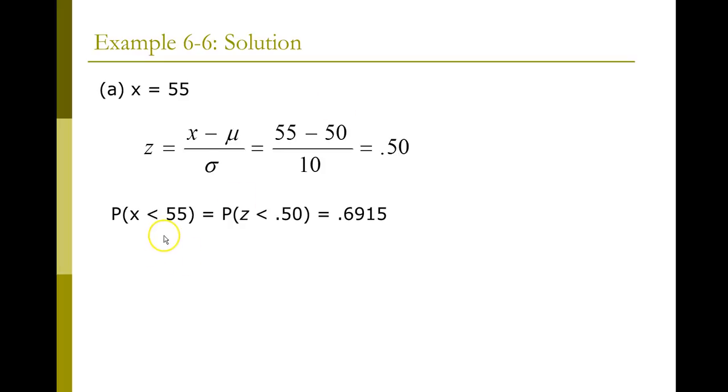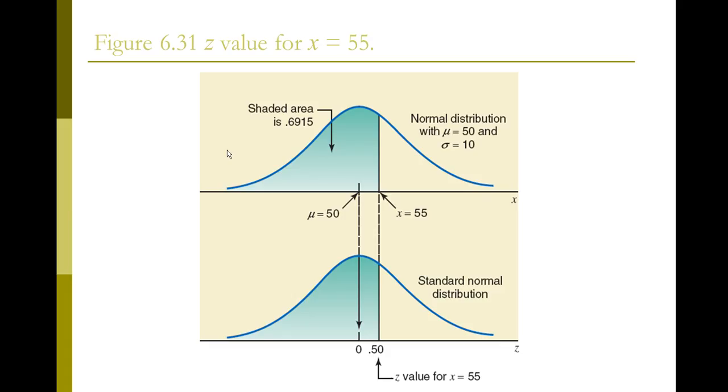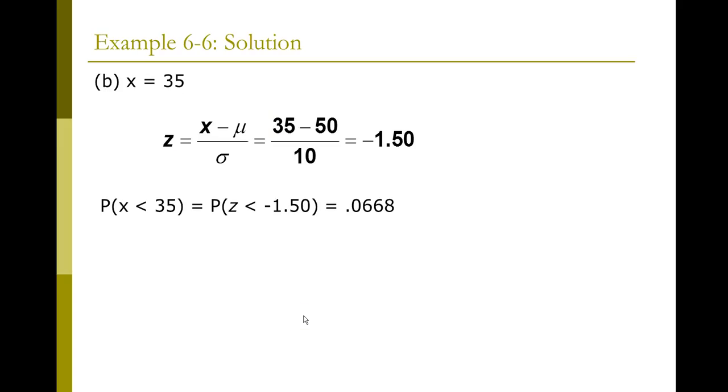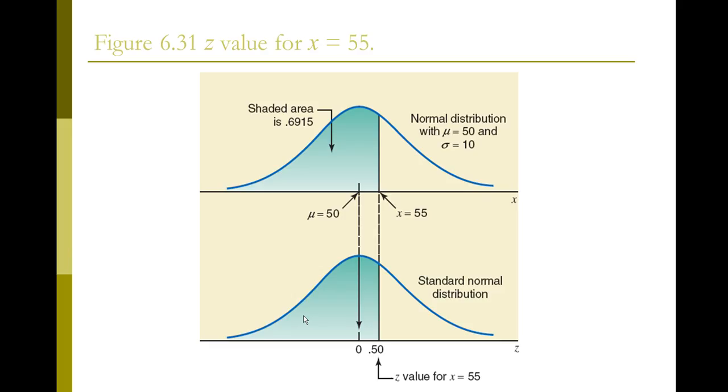So the probability that x is less than 55 is equal to the probability that z is less than 0.5. But we can look up z less than 0.5 in the table. This is part B. Where's part A?